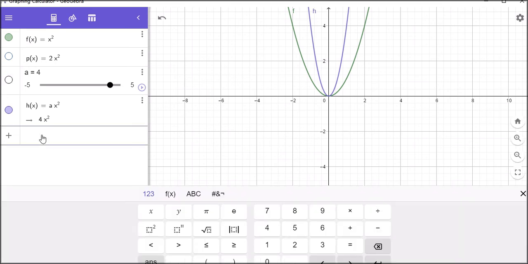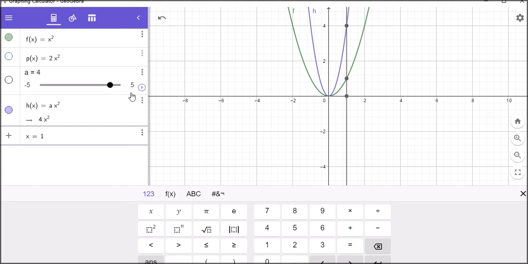I draw a vertical line, x = 1, so we can compare the two graphs. After the transformation, under the same x value, it is greater than the parent function. That means h(x) is greater than f(x). This is stretched vertically by a factor of 4.